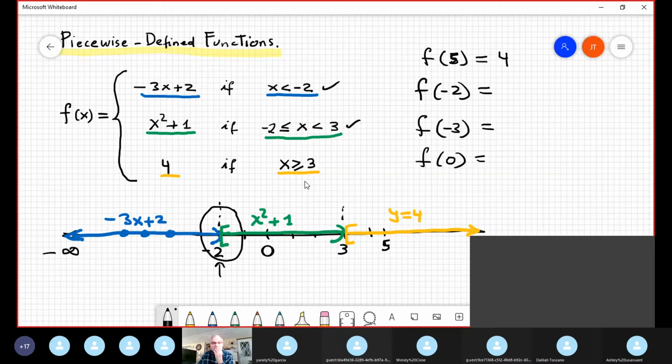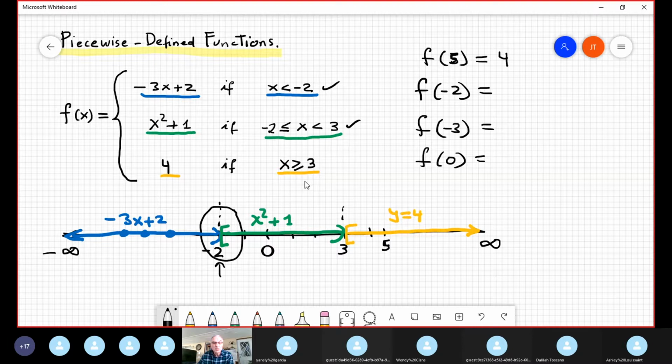Angelina, 8? What 8? No, Angelina, look. You select. So first of all, you need to understand that at x equals negative 2, you need to select the green expression. The green expression is x squared plus 1.